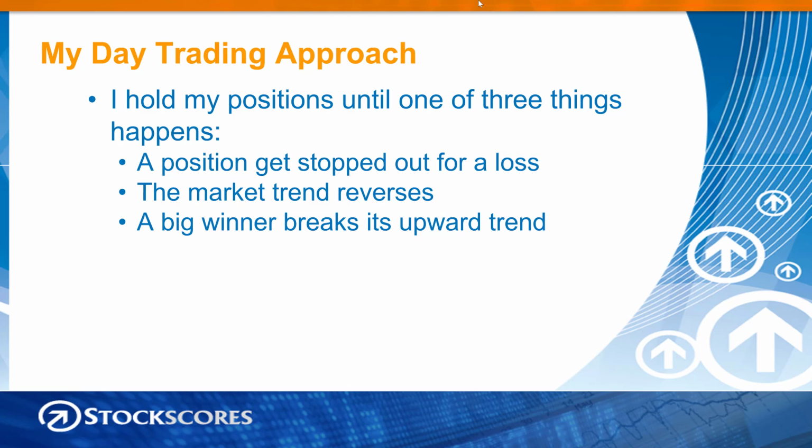Or the third reason I might exit is, let's say I have a stock that's a really big winner. I might exit it early if it breaks its upward trend, because sometimes stocks go up so fast that I don't really want to risk having that big profit turn into a smaller profit. And so when you get a big gain quickly, I'll protect those profits by exiting if there is a break of the upward trend.